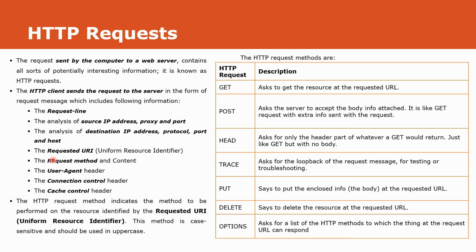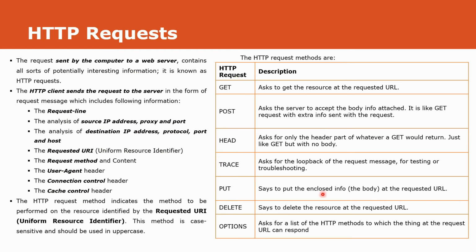It has the following information: request line, source IP address, port number, destination IP address, whichever protocol we are using, port number, requested URI (uniform resource identifier), request method, user agent, connection control, and cache control. These are all information passed with the request.